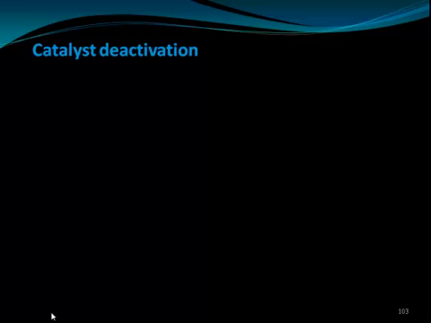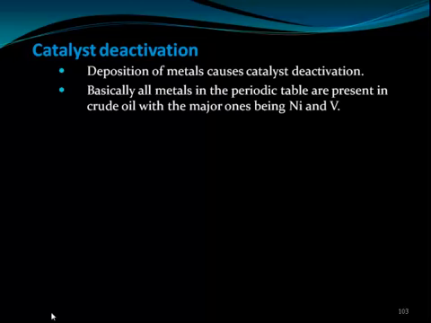And next was catalyst deactivation, or in other terms we can say the poisoning of the catalyst. So generally when a catalytic reaction is taking place, the reaction takes place on the active site of the catalyst. When there is adsorption, the reactant molecules adsorb on the catalyst where the reaction takes place.